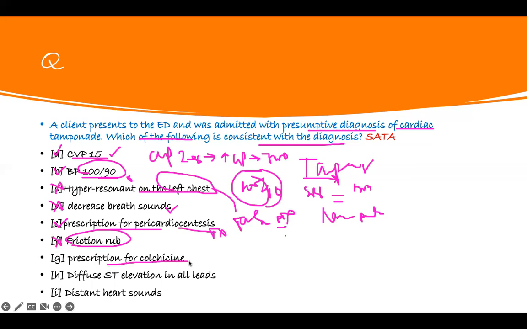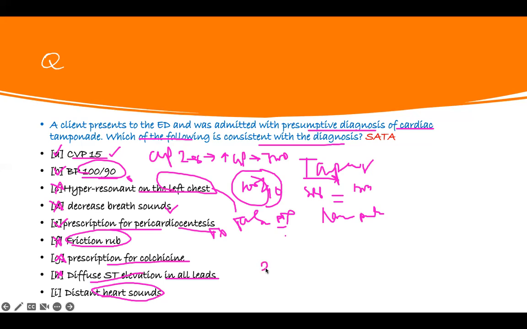Prescription for colchicine. This is the treatment for pericarditis. Diffuse ST elevation in all leads. Treatment for pericarditis. Distant heart sound.